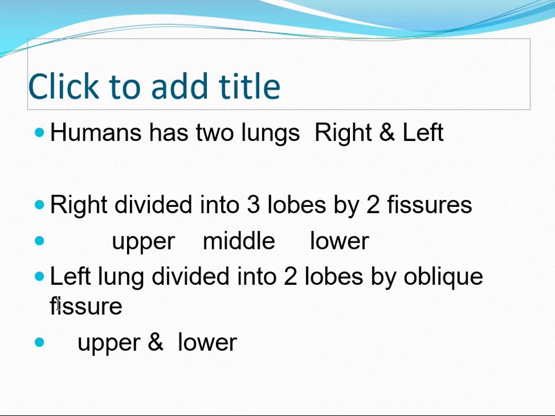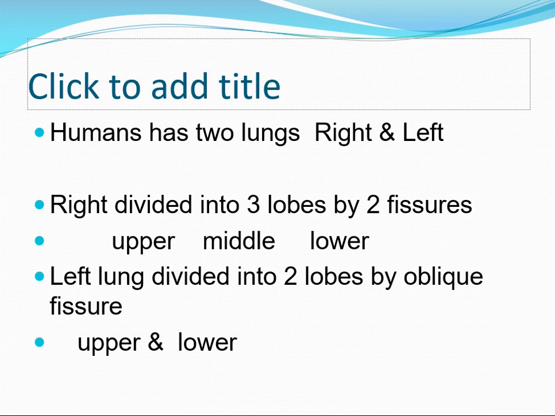Now see, how many lungs do we have? We have two lungs, right and left. The right lung is divided into three lobes by two fissures. The three lobes are the upper lobe, middle lobe and lower lobe. And the left lung is divided into two lobes by the oblique fissure, and they form two lobes, upper and lower.